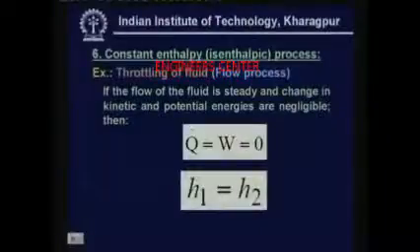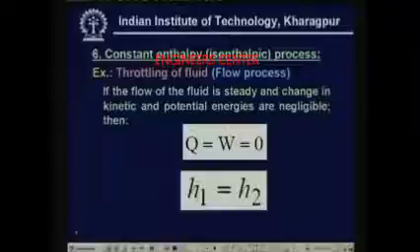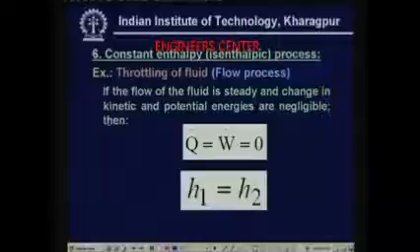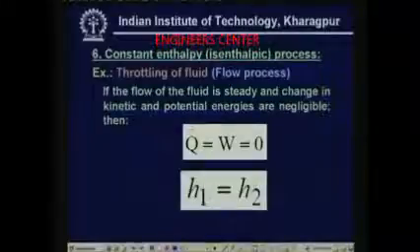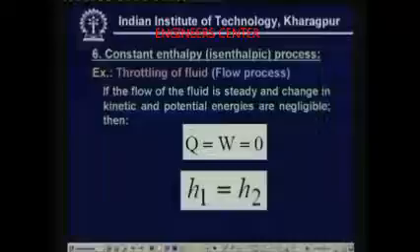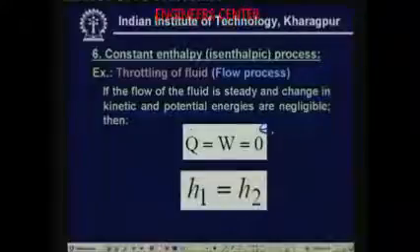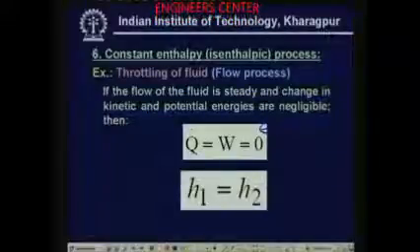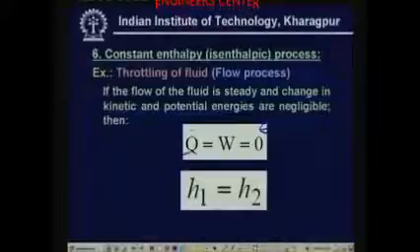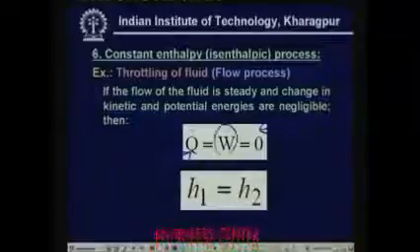For a typical throttling process, if you are assuming a flow process, that means let us say that we are assuming the process to be steady flow, and if you are also assuming that the kinetic and potential energy changes are negligible during this process, then for such a process, if you are assuming that the throttling is taking place in a small area, then there is no area available for heat transfer, so Q dot will be 0, and no work is done during this process, so W dot is also 0.